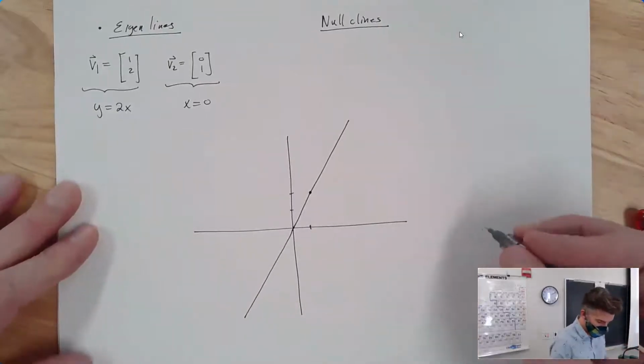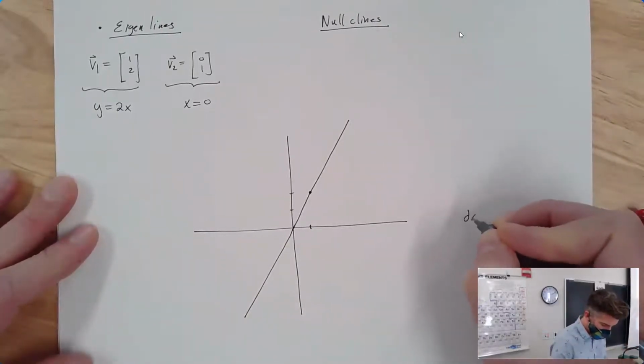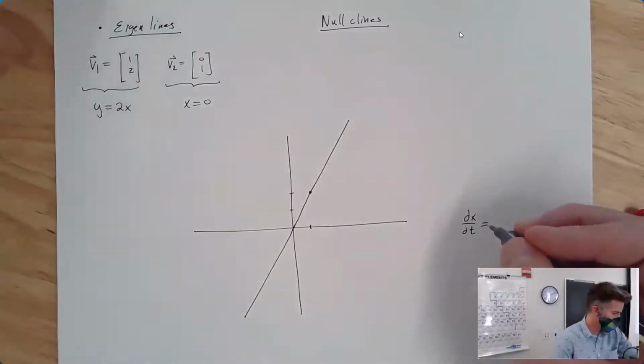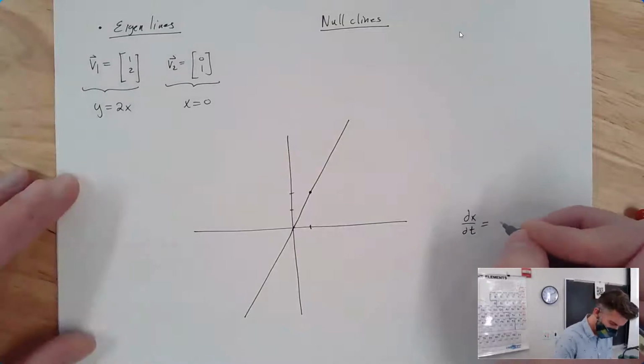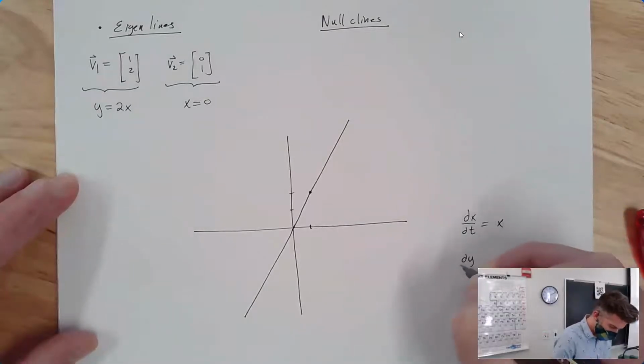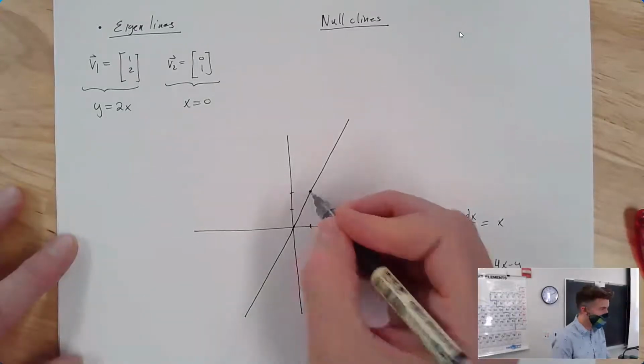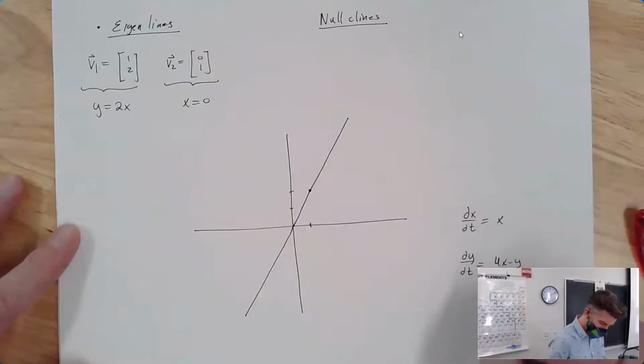Let me show you what I mean. Here are the equations we started with way back when. dx/dt equal to x, and dy/dt equal to 4x minus y. So let's see what happens if I plug in the point 1, 2. dx/dt is going to be 1, dy/dt is going to be 4 minus 2, which is 2.